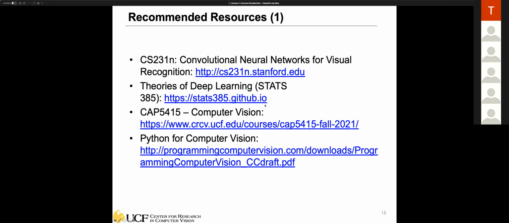Aside from these reference textbooks, I also have a couple of recommended resources. One is the course from Stanford. This is probably the most popular course for deep learning, specifically convolutional neural networks for visual recognition.